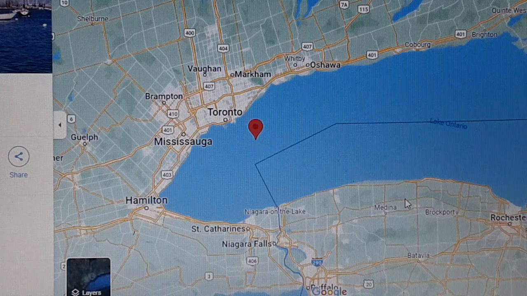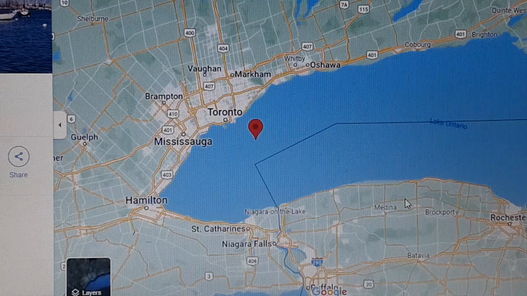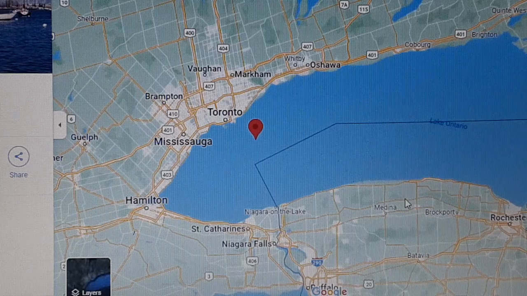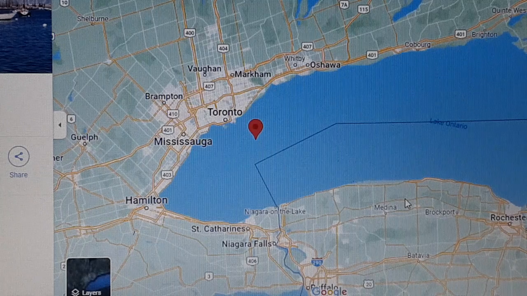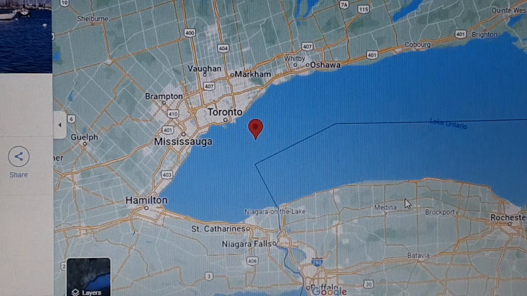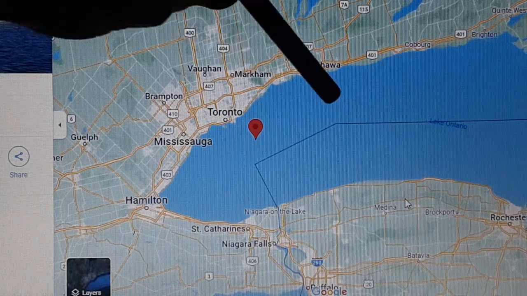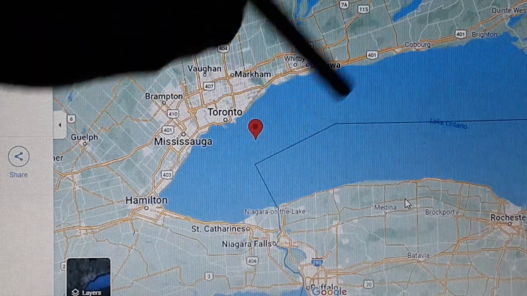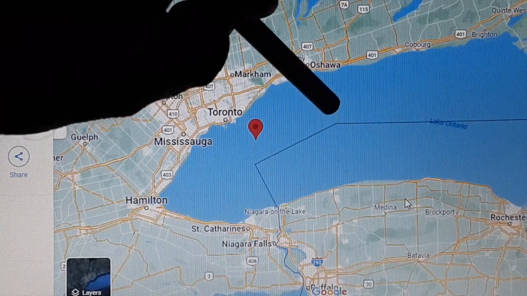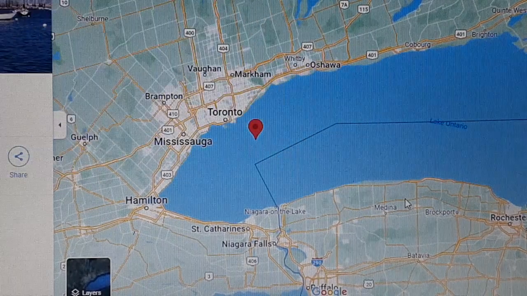It wouldn't be so buoyant that it could resist the power of the boat going to the bottom of Lake Ontario. I think that's what Bruce was trying to say. But certainly conceivable, but I think we can also see that it would have to happen in a very, very particular area of the lake for that to happen.